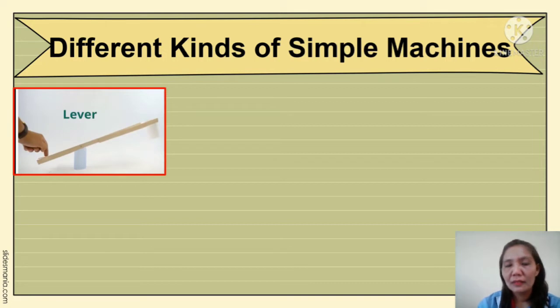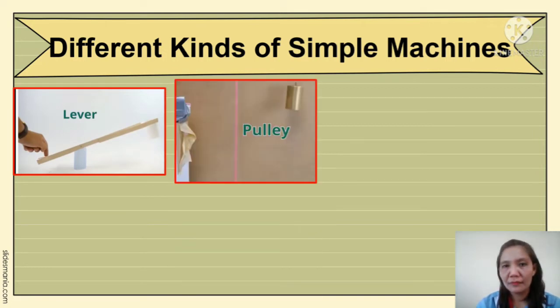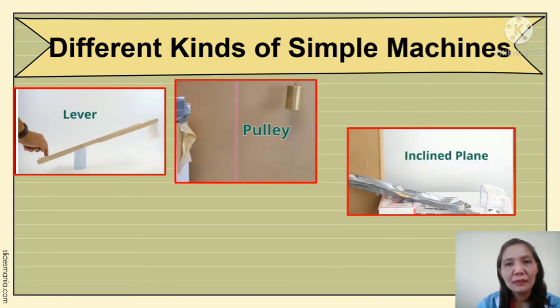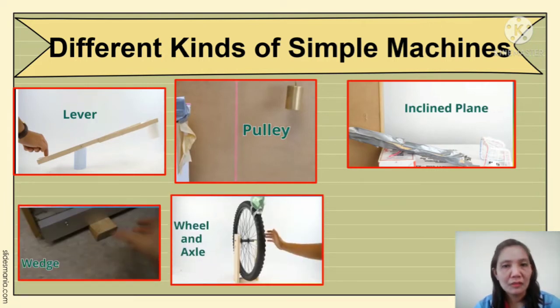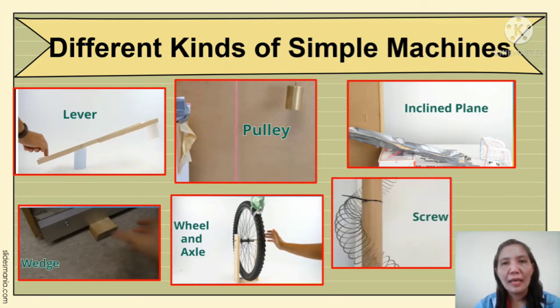Yes, a lever, a pulley, an inclined plane, a wedge, wheel and axle, and screw. These are the different kinds of simple machines. Let us describe and study them one by one.